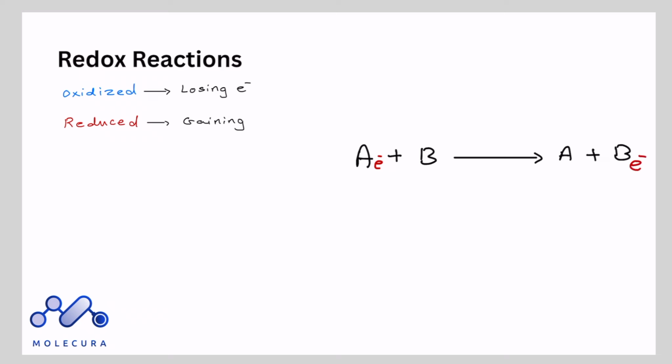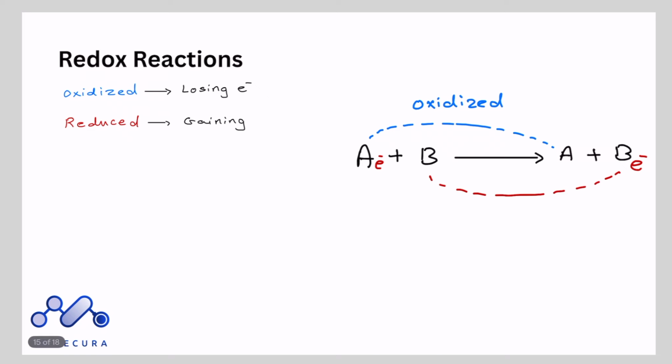Now, what is happening here? A, in this example, is losing its electron. So losing electron, as we said, is oxidation. So A is getting oxidized. And our B here is gaining this electron. So B is getting reduced.